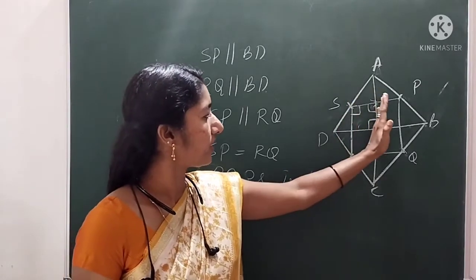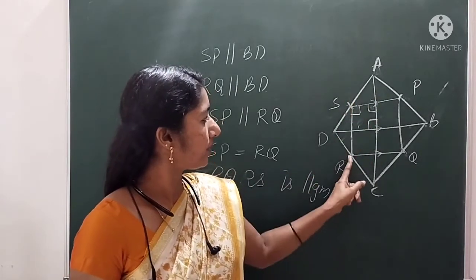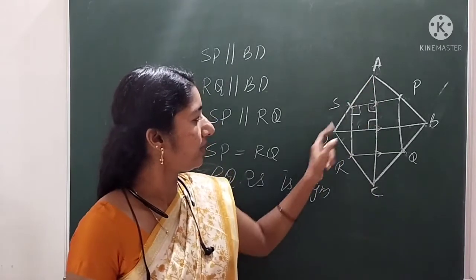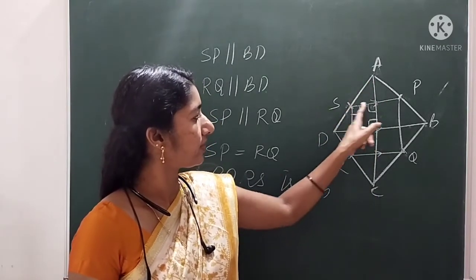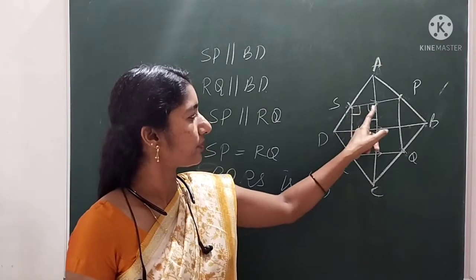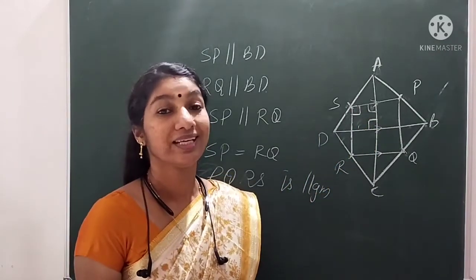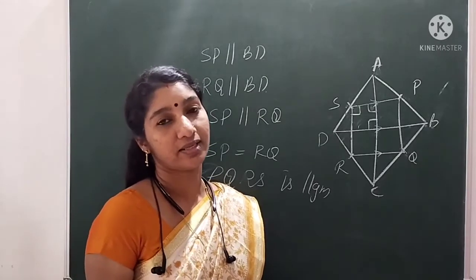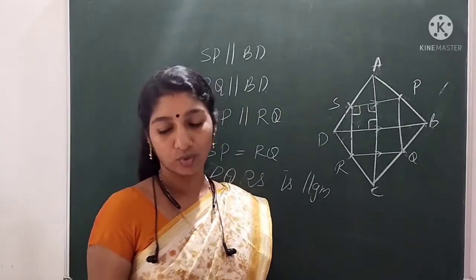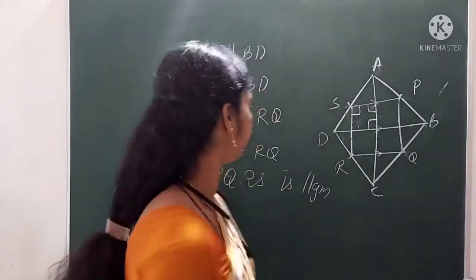In the same way, RS and CA are parallel, cut by a transversal, so these two angles are supplementary. Since this is 90, this will be 90. Now in PQRS, angle S is 90 degrees, so this is a rectangle. PQRS is a rectangle.